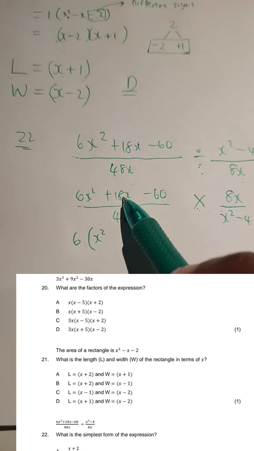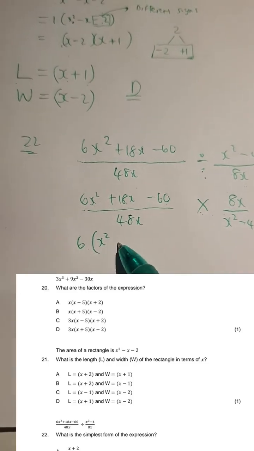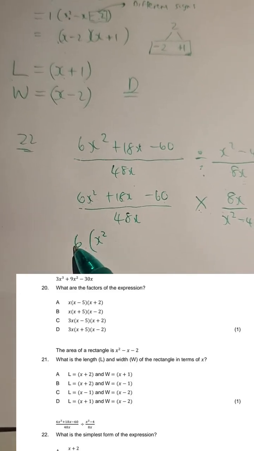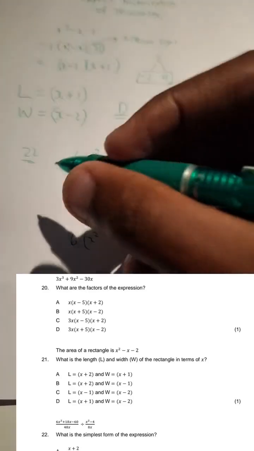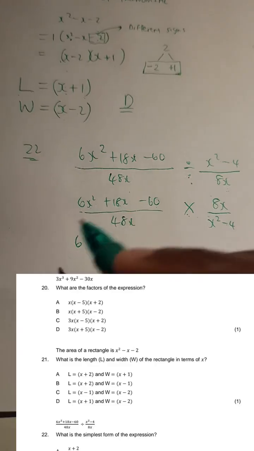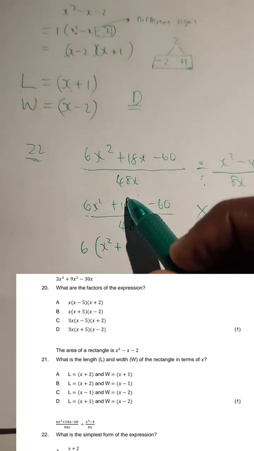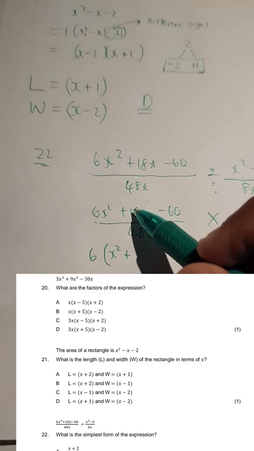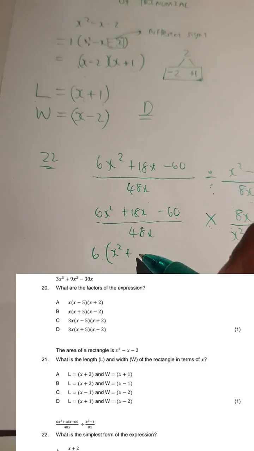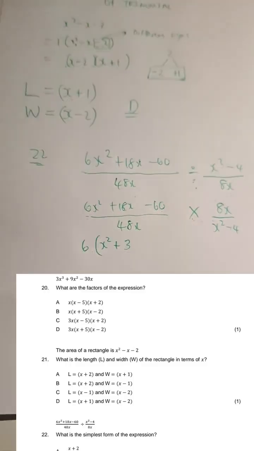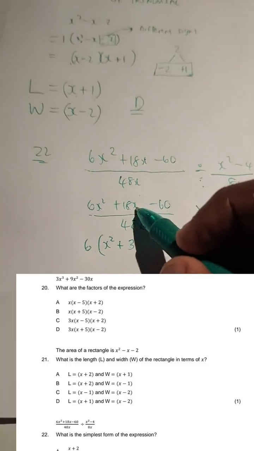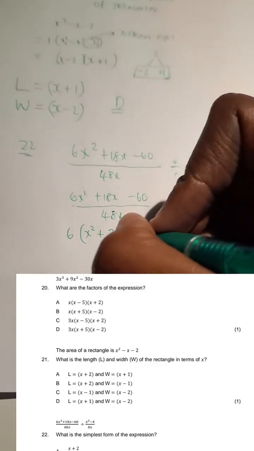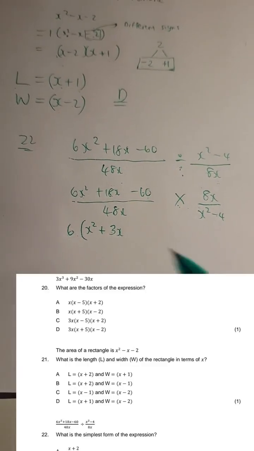Positive times what gives a positive? It is positive. 18 divided by 6 gives us 3. And then the x that was there, there's no x outside, so we need to write that x.